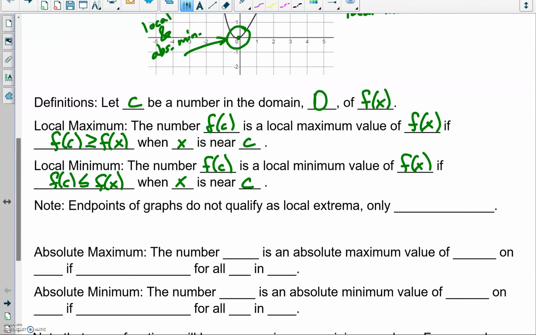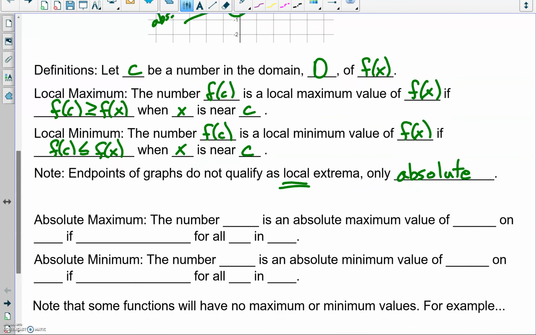So again, put this into play up above, but just to get it into words, the endpoints of the graph do not qualify as local extrema, only absolute. They can only be candidates for absolute, the absolute high, absolute low. Otherwise, they do not get counted as locals.